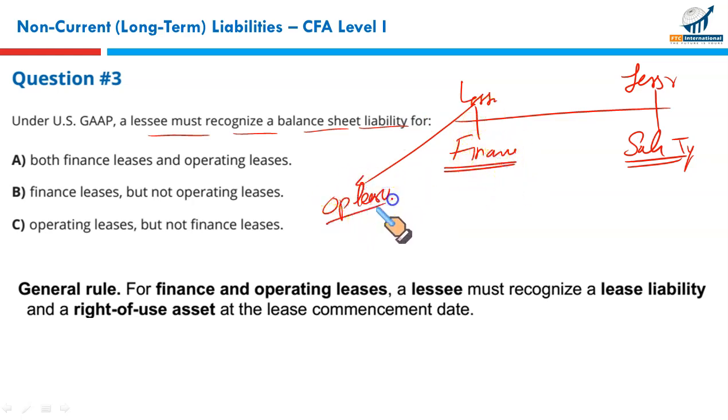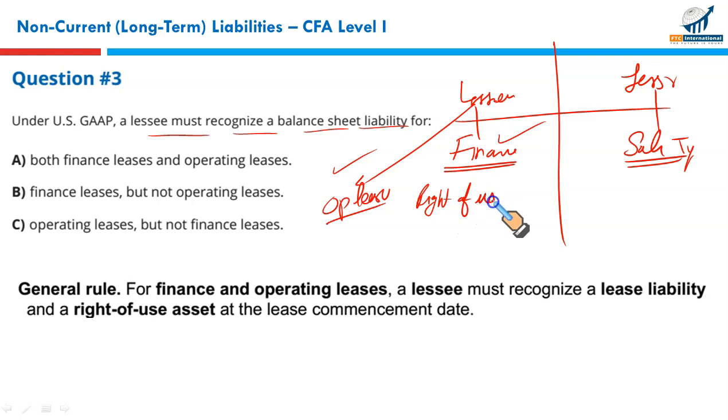This is something interesting and new. Whether it's a finance lease meeting those 5 criteria, or it doesn't meet any of the criteria, whether the lease is finance lease or an operating lease, lessee will have to debit the asset, but the new word used is not the asset. They call it right of use asset. This is the exact terminology used in the US GAAP.